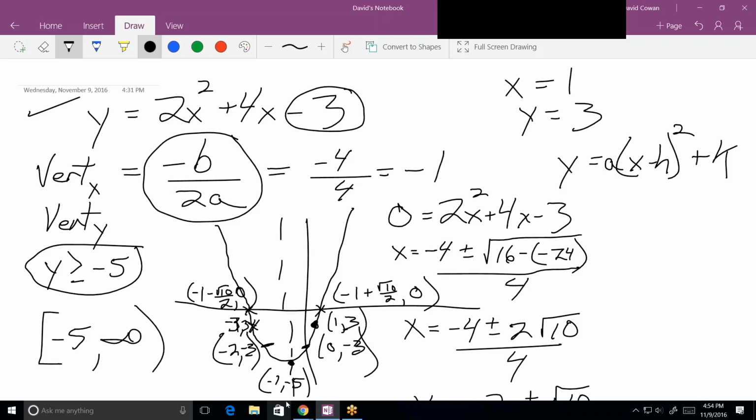You still have to use these other techniques for finding the other 4 points, but for the vertex, you can either complete the square and put it in vertex format, or use minus b over 2a if it's in standard format. Now, do you have any problems on there that call for completing the square?